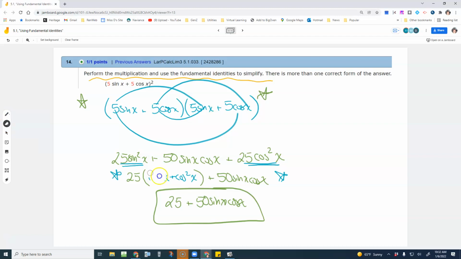I showed the blue, but I was more hinting that there's something to be done. It was actually green, the factoring, right? I just factored. Where did the blue happen? The blue happened when we went back to our Pythagoreans. We said it, but we didn't write it. Sine squared plus cosine squared equals, substitute 1. 25 times 1 is 25.